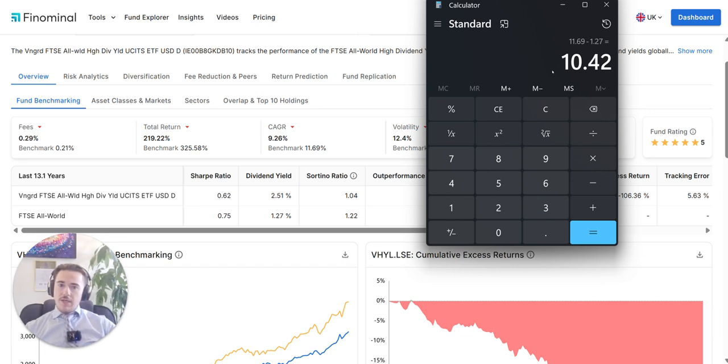Now, if we just invested that capital in the FTSE All-World index itself, to get the same investment growth for the pot that is left over of 6.75%, you could actually sell down units of 3.67% per annum, as well as still keeping that 1.27% dividend yield which it already pays. And that would actually give an income yield of 5.94%.